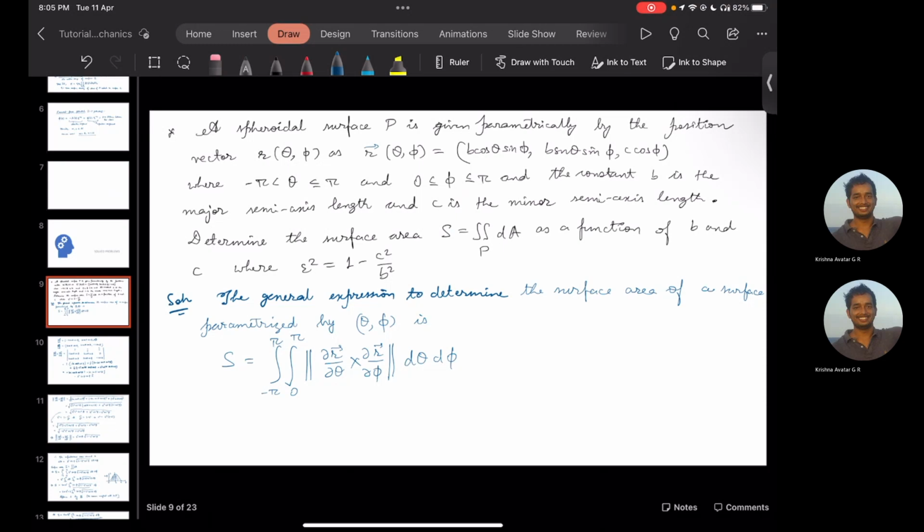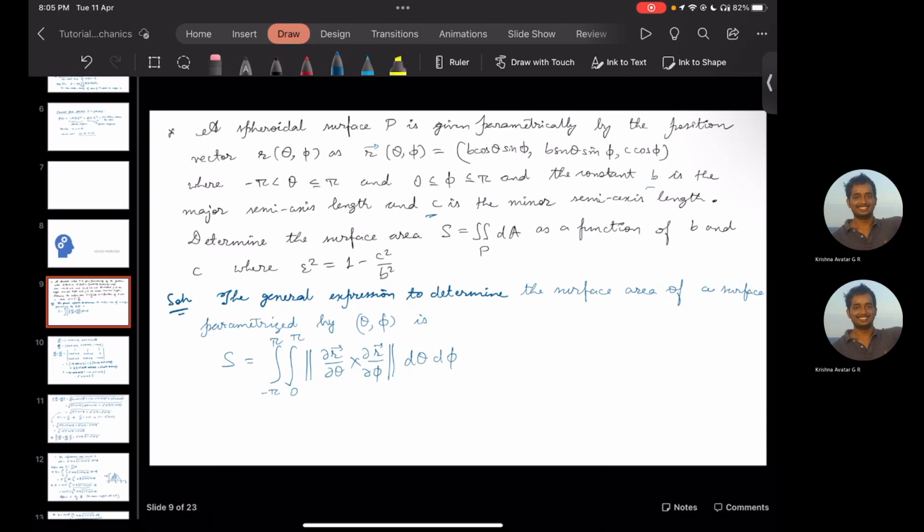So here C and B are the minor and major axis respectively, and there is epsilon squared which relates both of them. Now what you say is for our sphere, both B and C are equal, is it not? Yeah, it is. The minor and major axes are the same thing for a sphere, where we just have one parameter which defines the sphere, is it not?